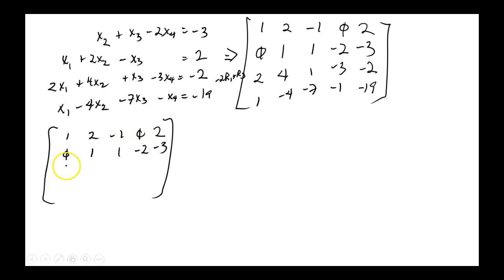Now the new third row will be, do that operation on the top row, on the third row. So that would be 0. It better be a 0. Zero again.